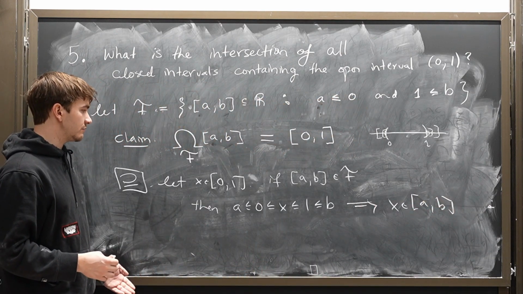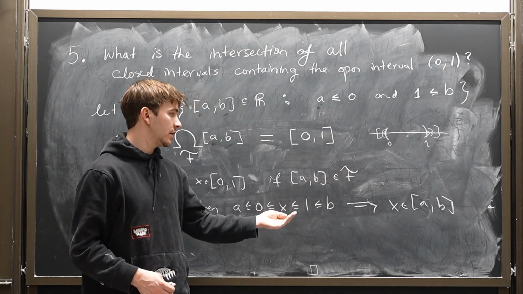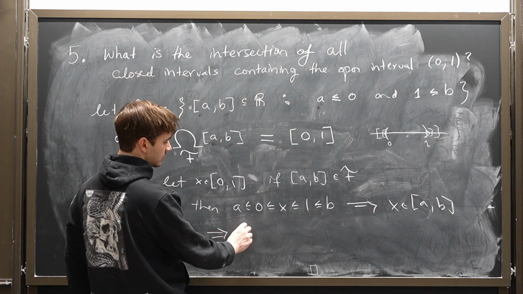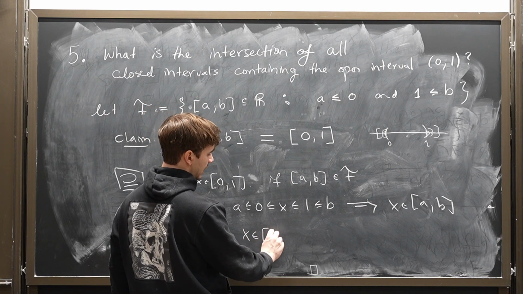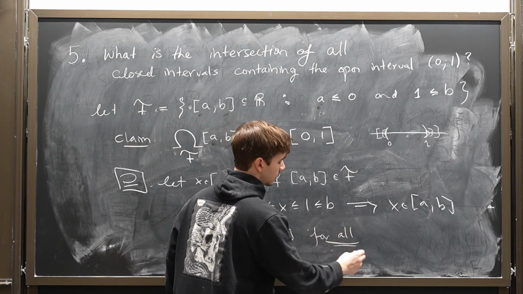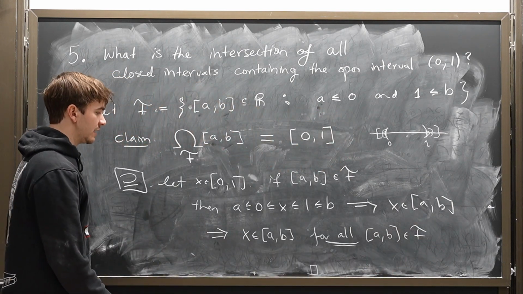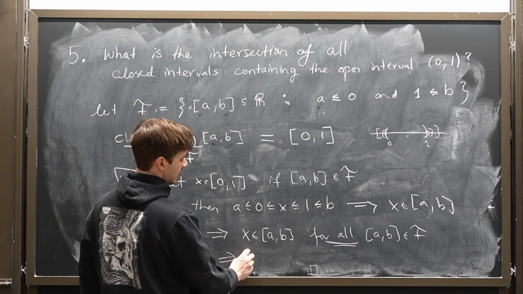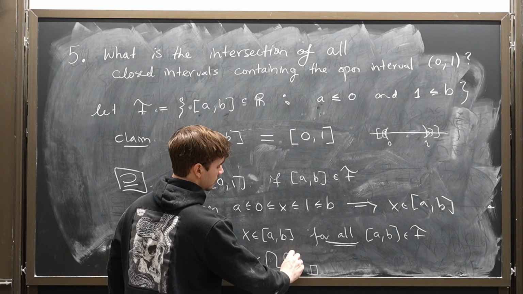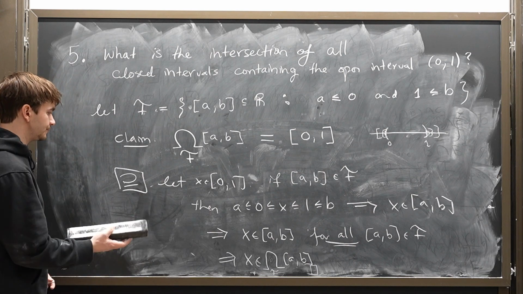Okay, so what I've just shown is that for any arbitrary set in my family, x must belong to that set. So this implies that x must belong to [A, B] for all [A, B] in F, or in other words, by definition of the intersection, this is saying x belongs to the intersection over my family of [A, B]. Okay, so this concludes this direction of the proof.